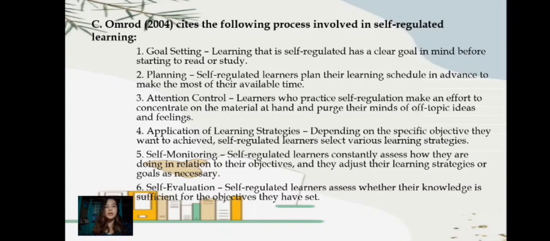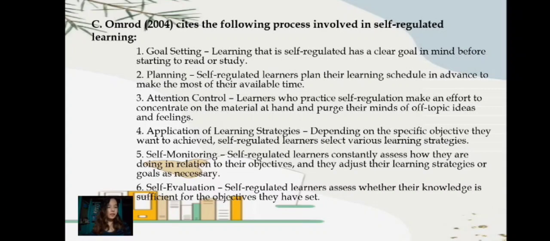This means self-regulated students know what they want to accomplish when they read or study. Second, planning. Self-regulated learners plan their learning schedule in advance to make the most of their available time. This means they determine ahead of time how best to use the time they have available for learning.